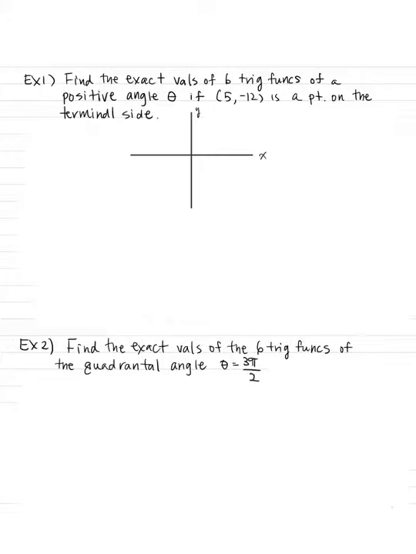So this is going to be completely drawn off the scale, but all right, so from here to here is 5. And then y is negative 12. So let's pretend this is negative 12. Oh my gosh, pretend that's straight. So meaning from here to here is negative 12.